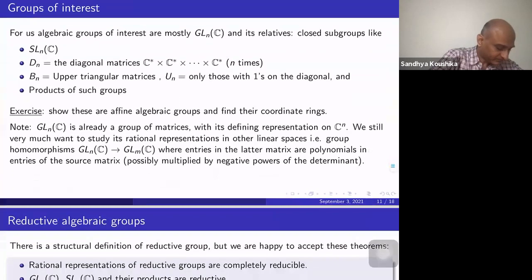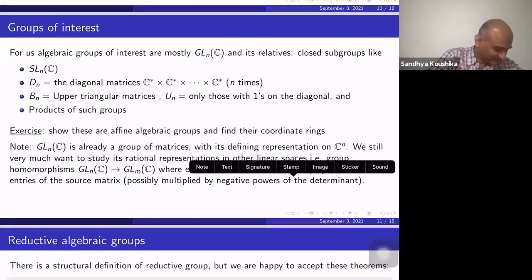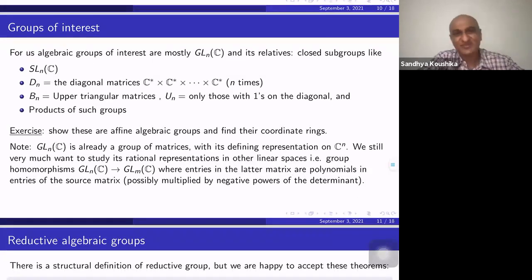One thing about these groups of interest is that many, not all of them, but many of them are reductive algebraic groups. So what does that mean? There is a structural definition which says that there should not be a unipotent radical, so there should not be any connected normal subgroup that is unipotent.